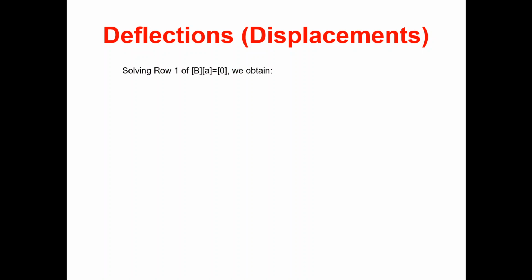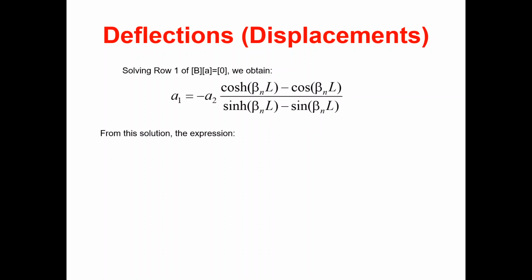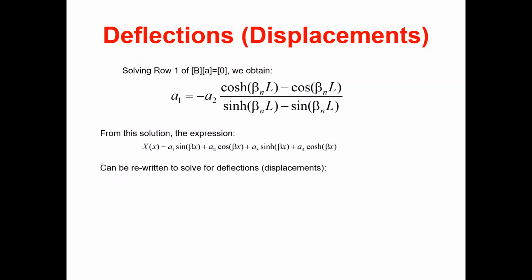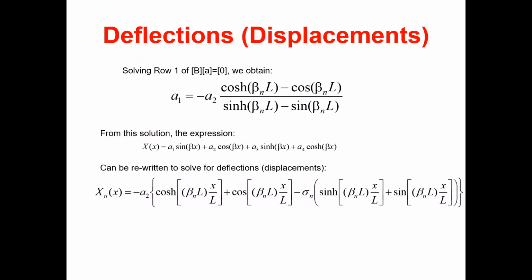But how can we find the value of the displacement? We essentially have to go back and solve the equation to find the value for the coefficients. And I'm not going to go into details for this, but this is going to give you your final displacement in which you have A2 as the coefficient and you have a new variable sigma n.